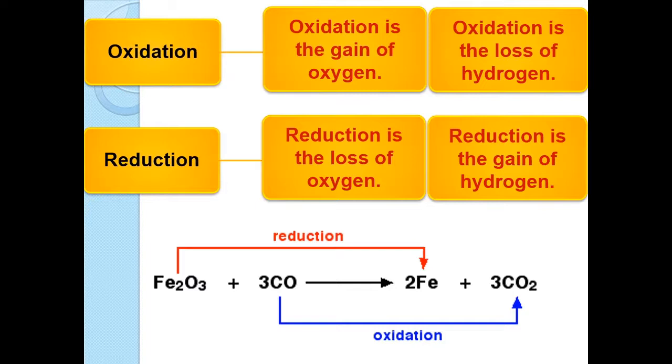Ferric oxide is converted into iron, means oxygen gets detached, that is loss of oxygen. It means it is reduction. Similarly, carbon monoxide gets converted into carbon dioxide, means addition of oxygen or gain of oxygen. It means it is an oxidation part.